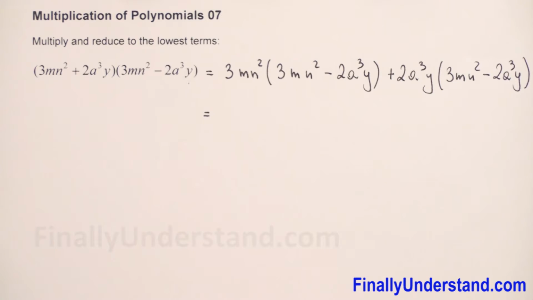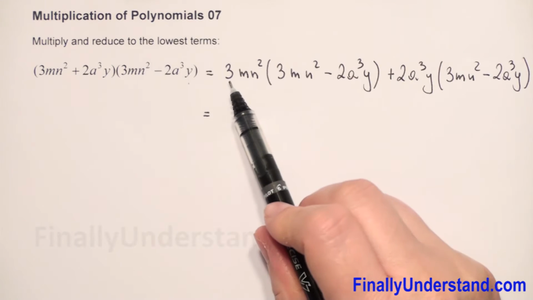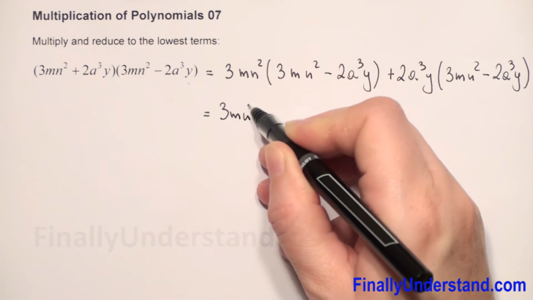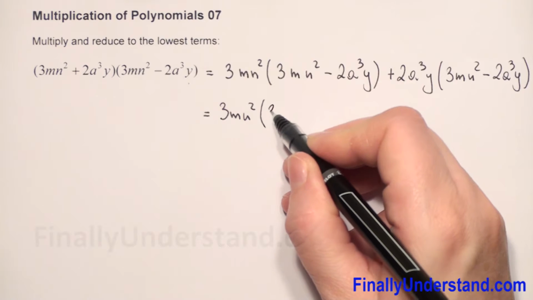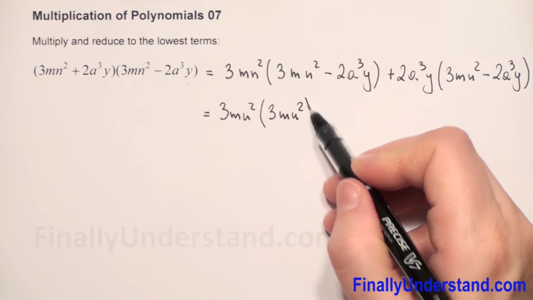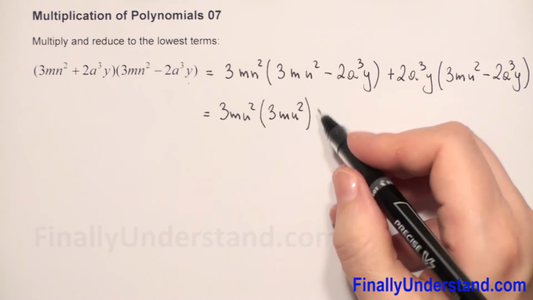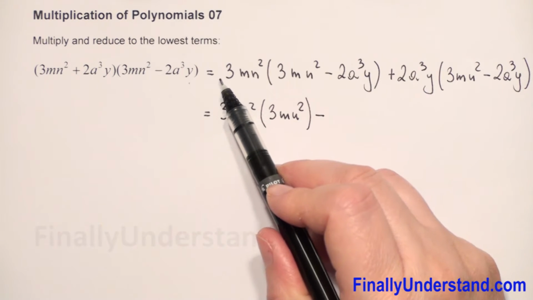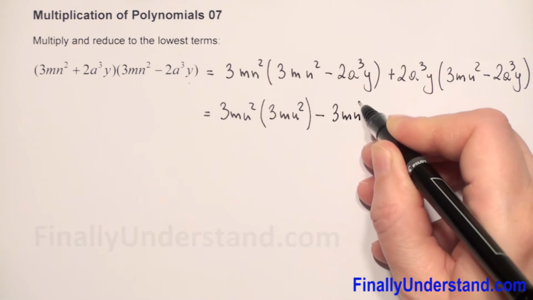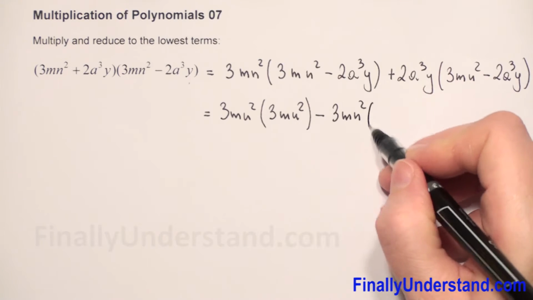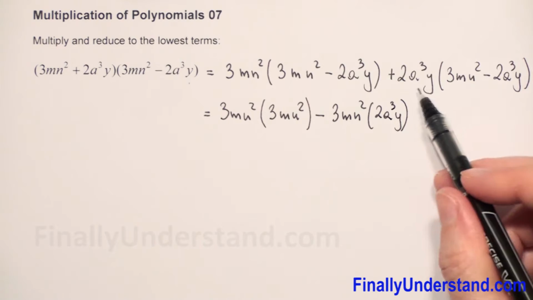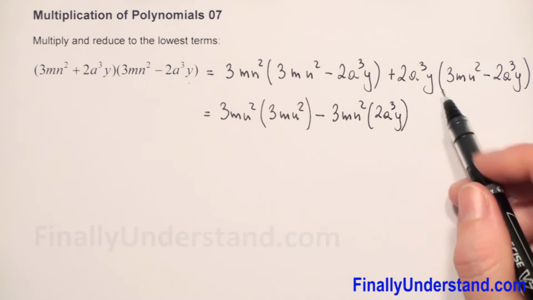We have to multiply every term in the parentheses by 3mn squared. So we have 3mn squared times 3mn squared. Next, we have positive times negative, so it will be negative. When we don't have a sign, it's always positive. So we have 3mn squared times 2a cubed y. And the same we have to do with the second expression.